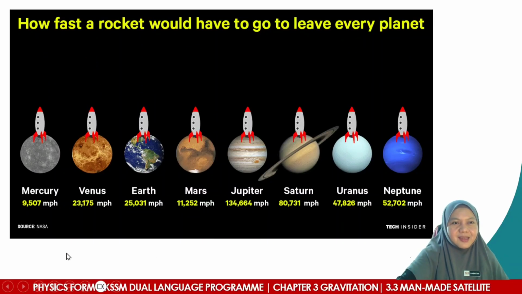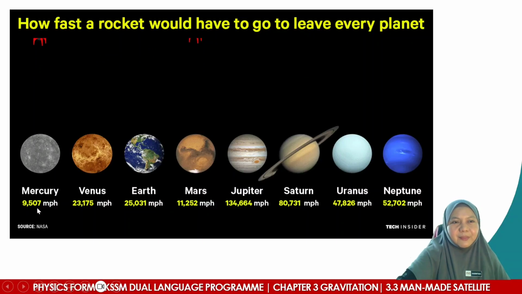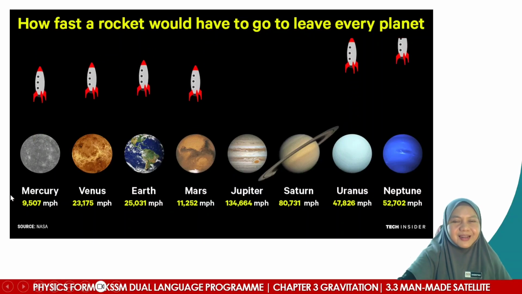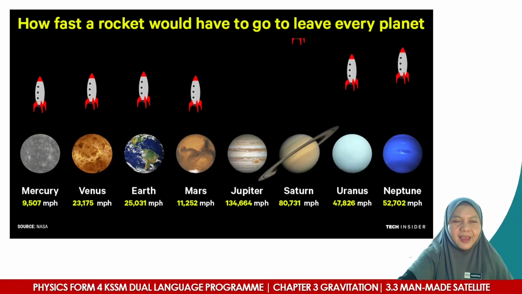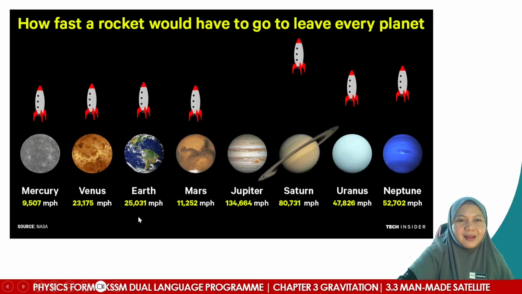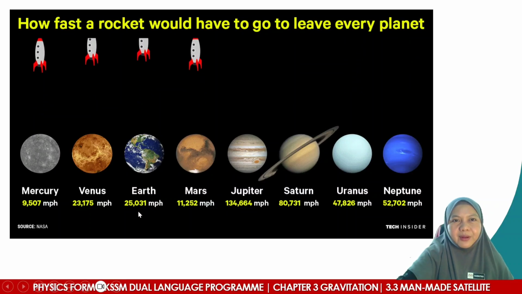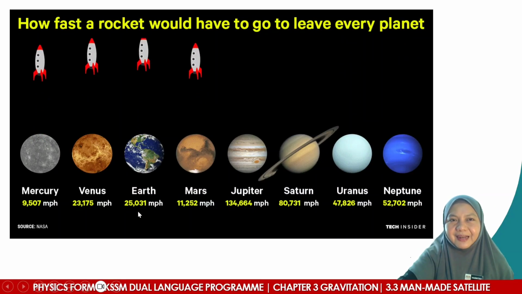You can see the lowest escape velocity here is Mercury, with about 9,507 miles per hour. So where is Earth? This is Earth. It's about 25,031 miles per hour, equivalent to 11,200 meters per second.